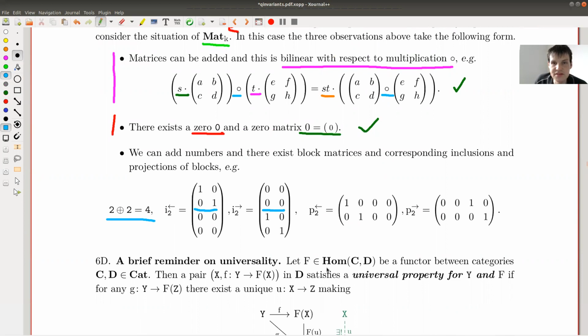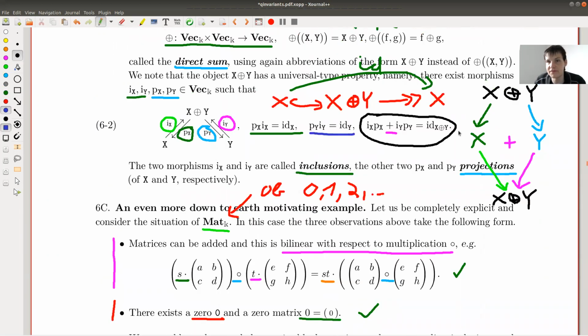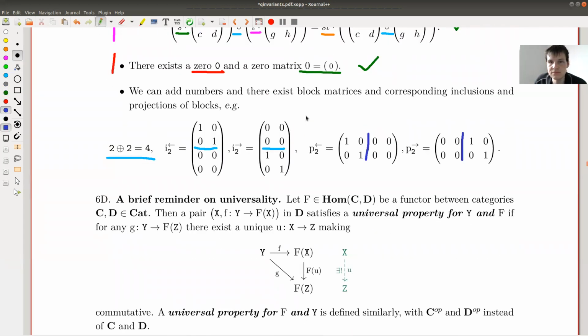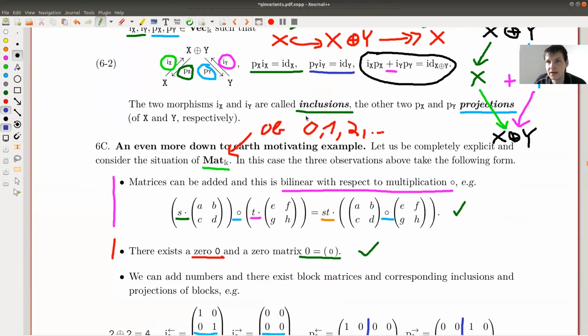So the inclusions and the projections are the corresponding row or column matrices, which are just split into two blocks corresponding to this decomposition of 2. Of course, you can do that, right? And you can check that if you do them in the right order, then exactly these three properties hold. Okay, my motivating example. And now we want to formalize this, right?